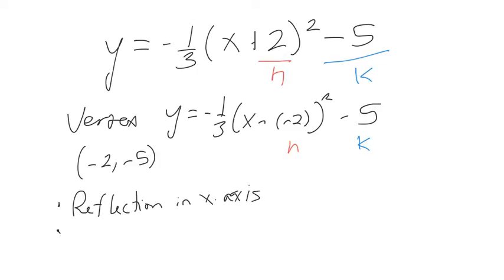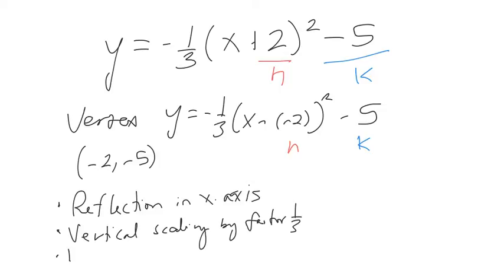The second one is a vertical scaling by a factor of a third. Then the next one is we move left 2. And then the last one is we move down 5.